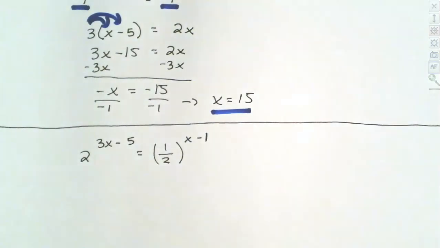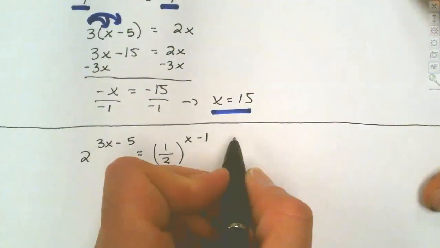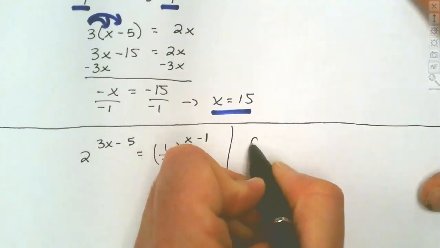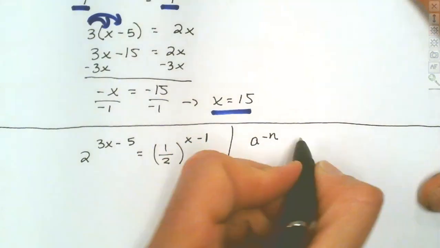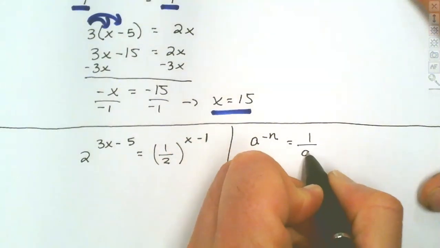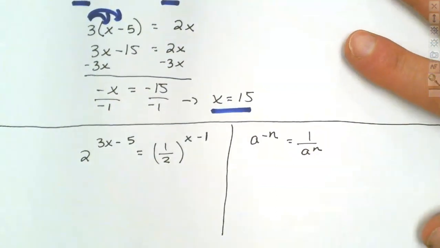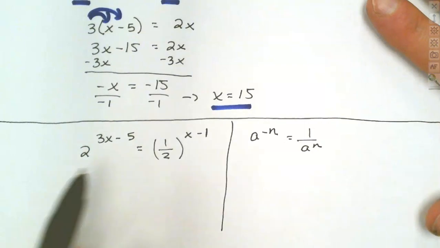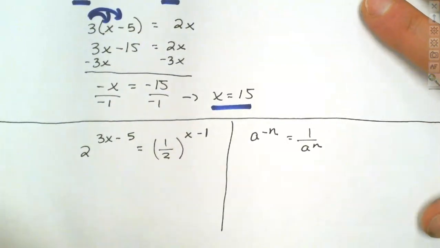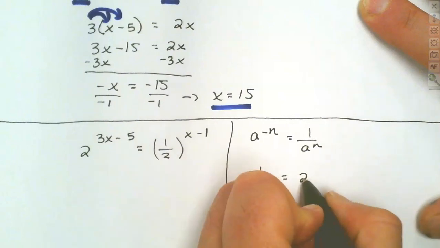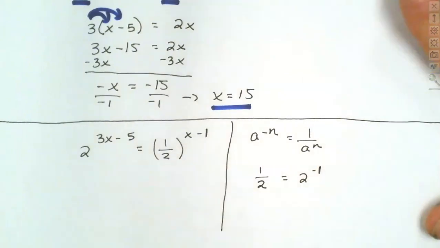And this one's pretty easy to look at and to work through. Now remember our rule for negative exponents. Our negative exponent rule says a to the negative n is 1 over a to the n power, right? Okay, so using that rule, we can write this 1/2 as 2 to the negative first power, right?